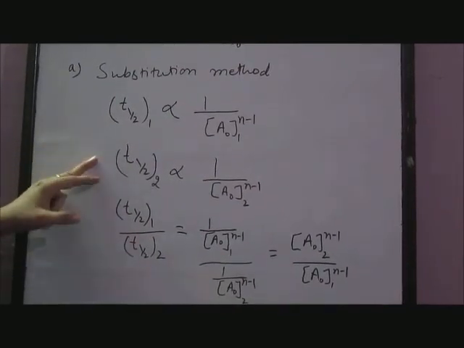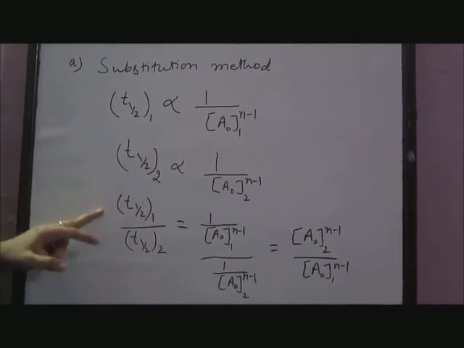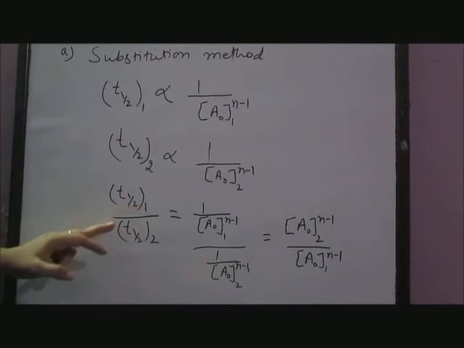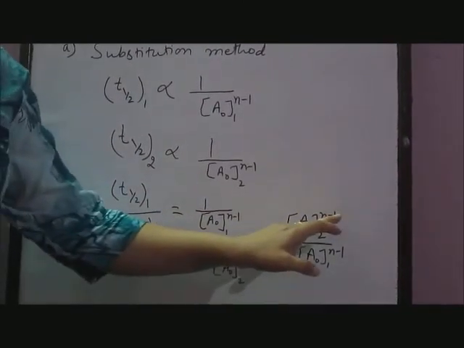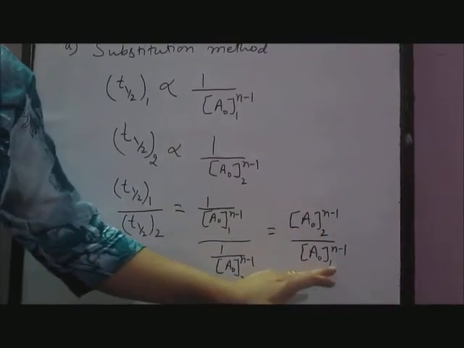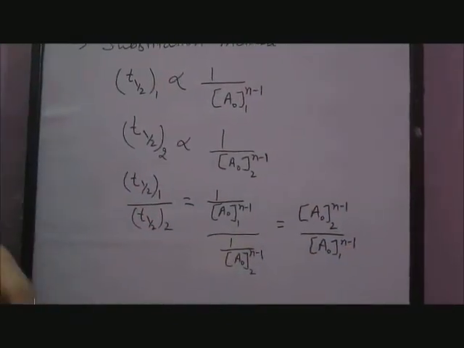If we divide these two equations, we get t half 1 upon t half 2 is equal to A naught 2 raised to power n minus 1 upon A naught 1 raised to power n minus 1.